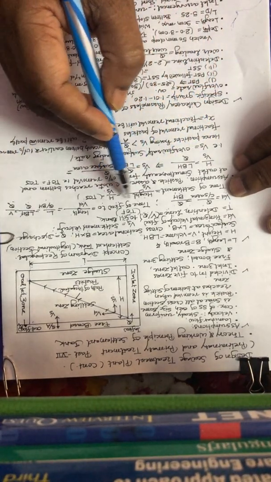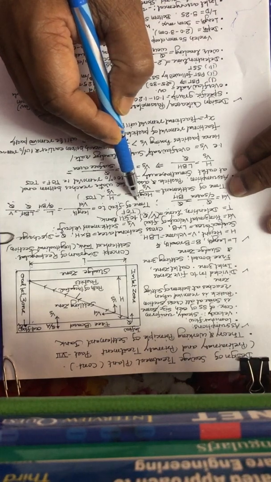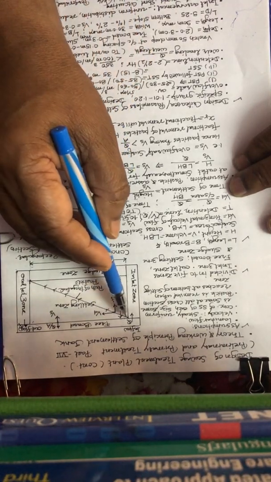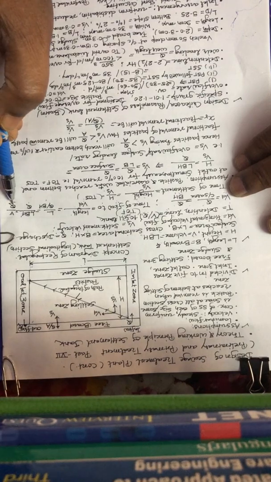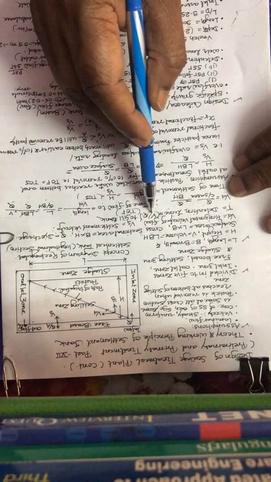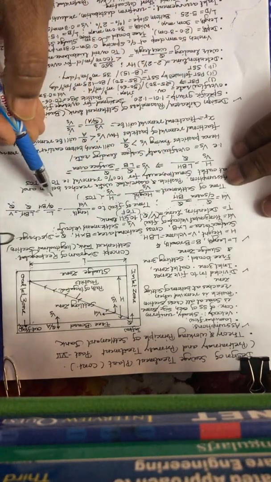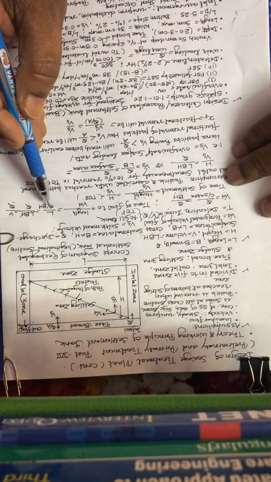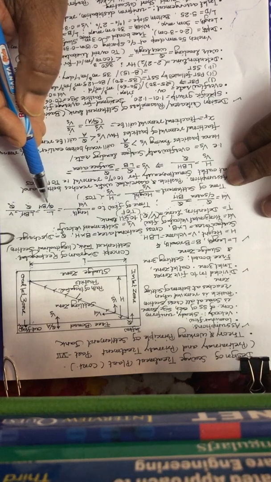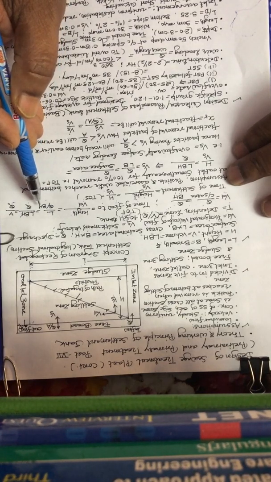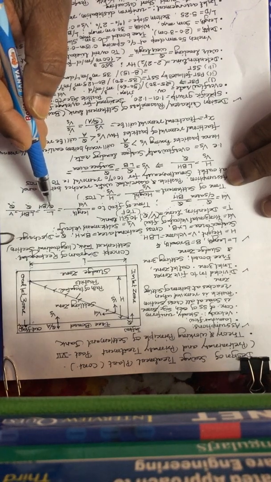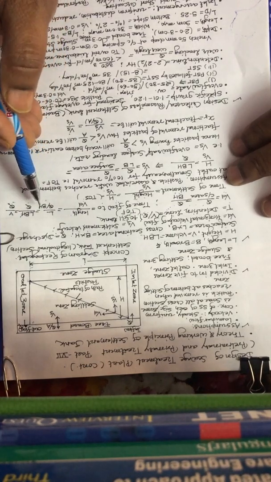So from this equation we can say the time of flow to move from here to here is equal to V upon Q, and V upon Q we know is detention time. It means that the time of flow is numerically equal to the detention time, or you can say they are one and the same thing.